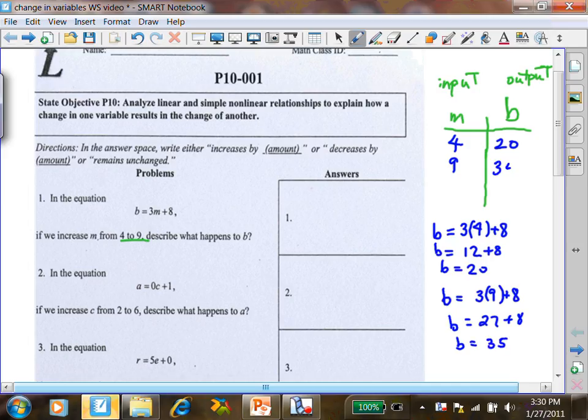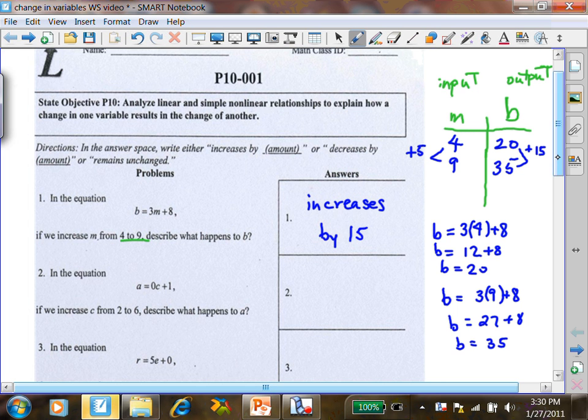So b is 35. So as you can see here, we have an increase of 5. When this increases by 5, what happens over here? Well, obviously we have an increase, and of how much? An increase of 15. So I would write increases by 15. And there you go.